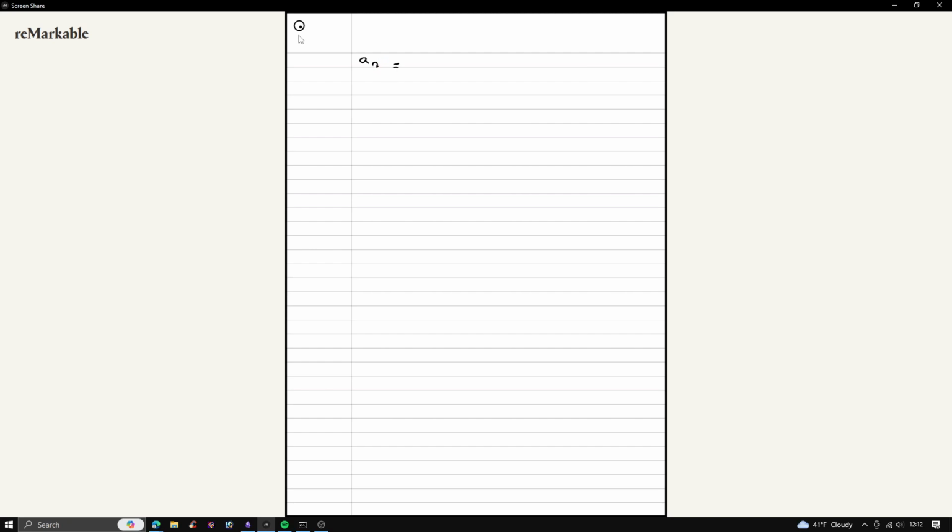Is the number of strings that satisfy, the number of satisfactory strings. Good. I'm just going to use a check mark. These are satisfactory strings, so satisfactory strings of length n.